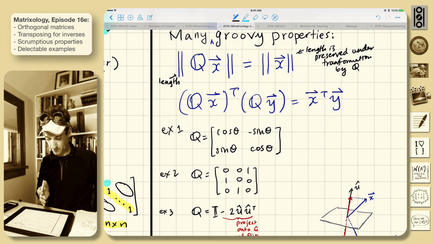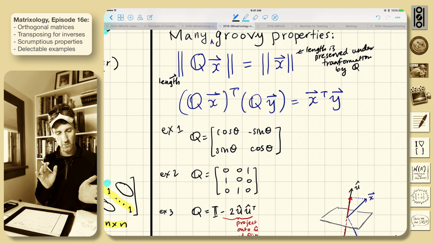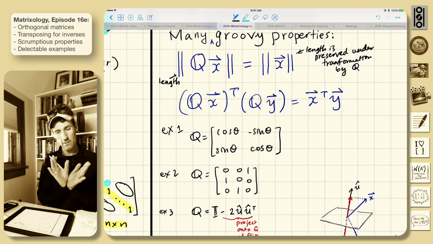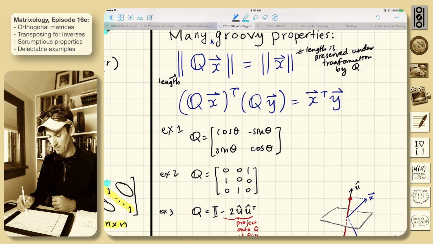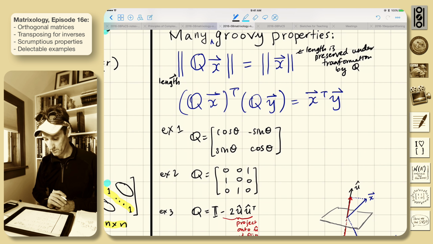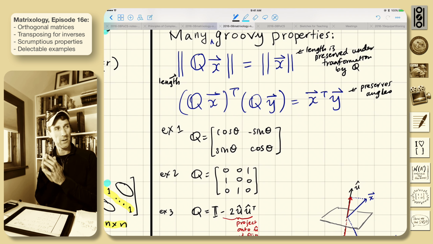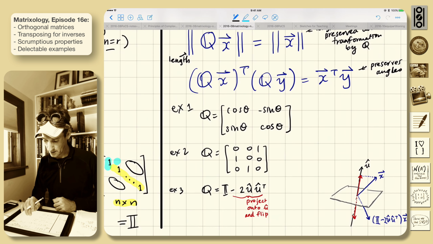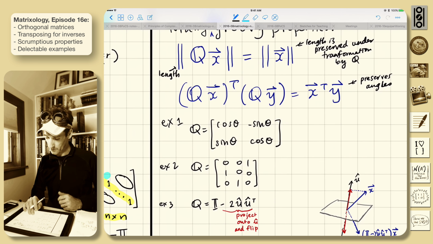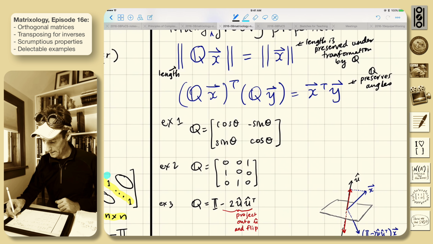So that's one thing. The inner products: if you transform x and then transform y and then find what their inner product is, it's the same as what you had before. So this is about preserving angles. Dot products are about the angles between things. So Q preserves angles.